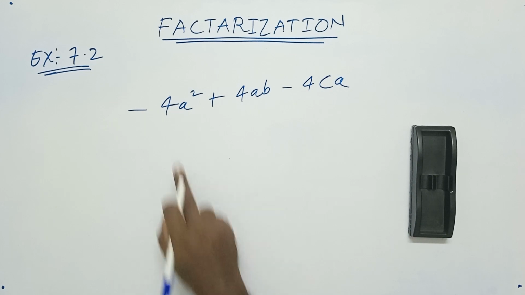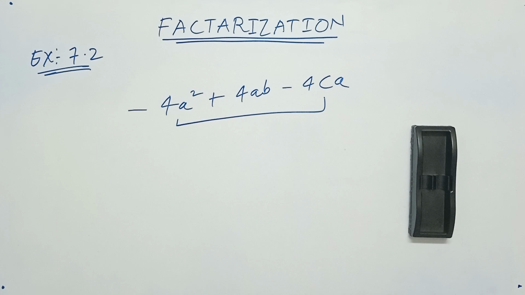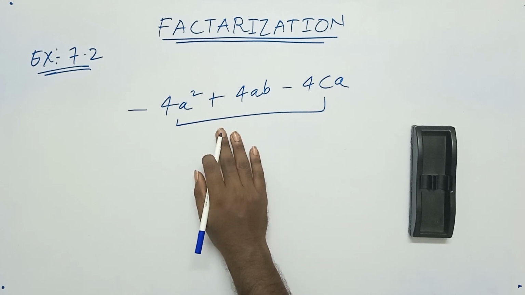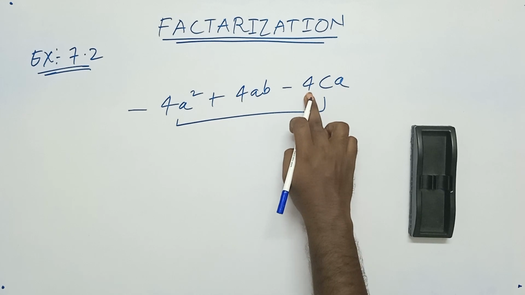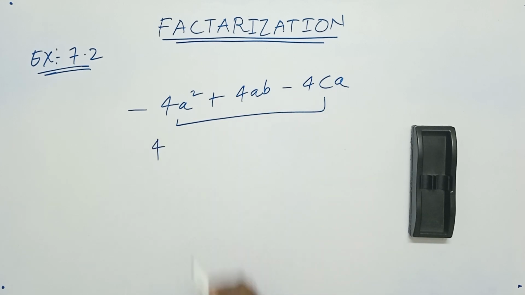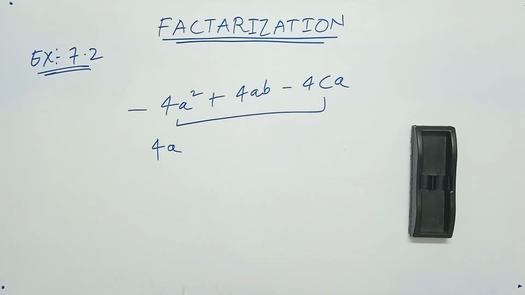So our next problem is minus 4a square plus 4ab minus 4ca. So we are going to find the factors of this expression. Here we have a 4, here we have a 4, here we have a 4. So what is the HCF? 4 is the HCF. A square, a. What is the HCF? A is the HCF, right?